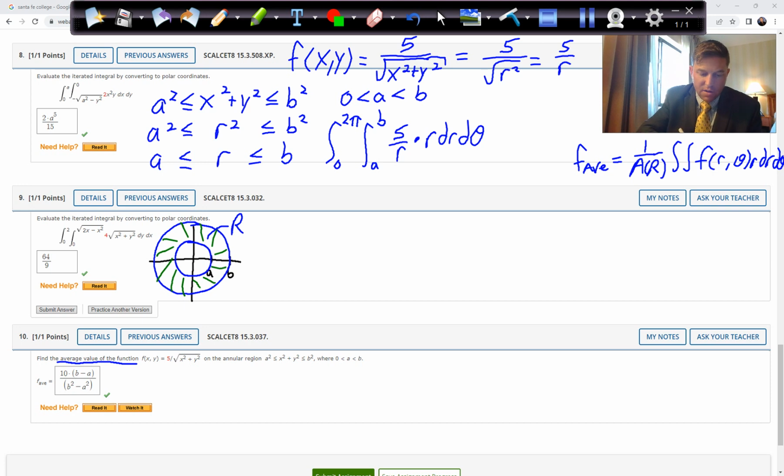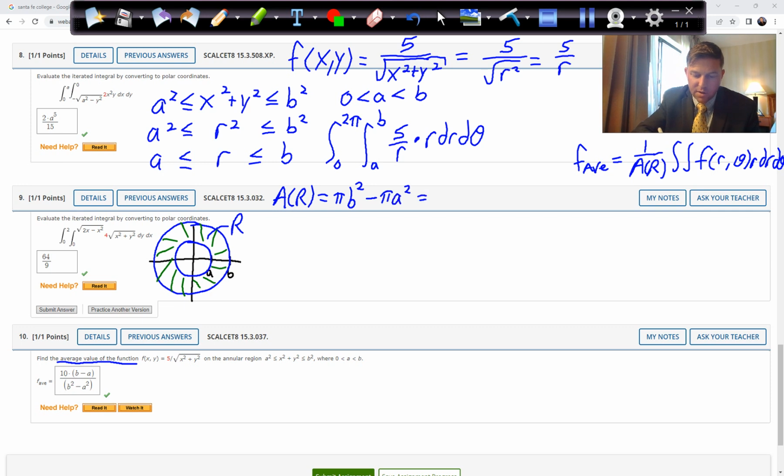Well, the area of that region R is the difference in the areas of those two circles. So the area of that region would be pi r squared for both. So it would be the bigger circle, which would be pi b squared, which is the radius for the circle at B, minus the area of the smaller circle, which is A, pi a squared.